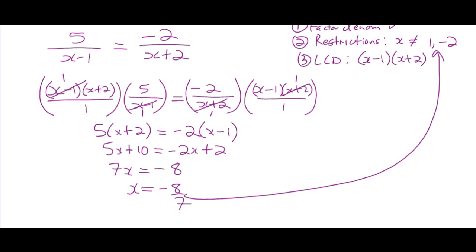Because sometimes the act of solving introduces extraneous solutions and makes one of your solutions equal to a restriction, and then you need to reject that. It is a solution to this, but it's not a solution to the original, since you'd end up with a 0. Okay, any questions?